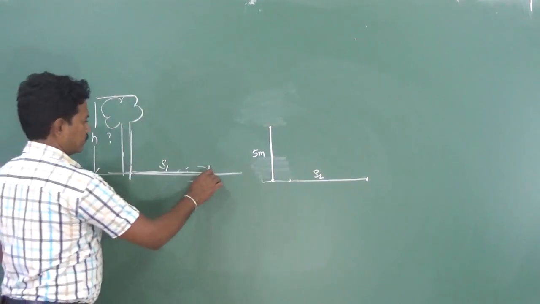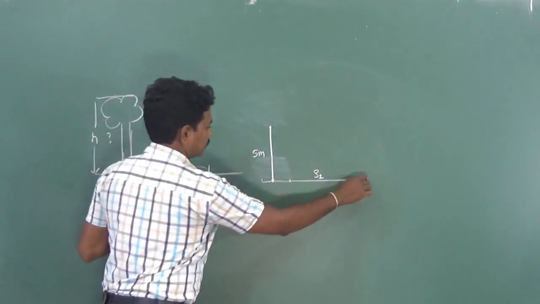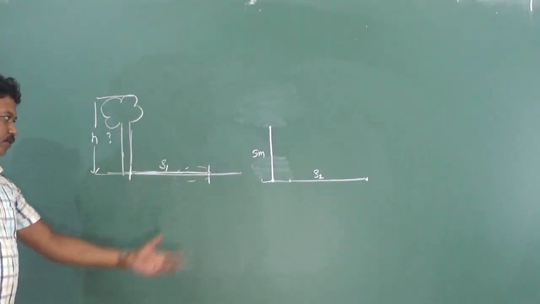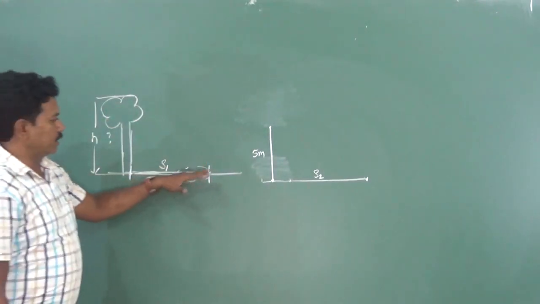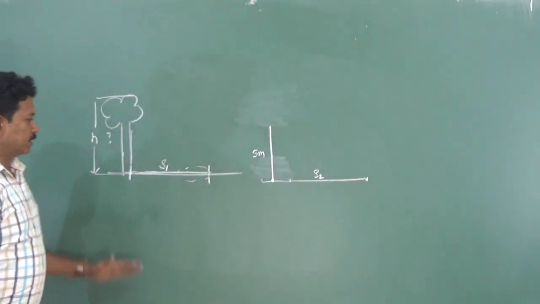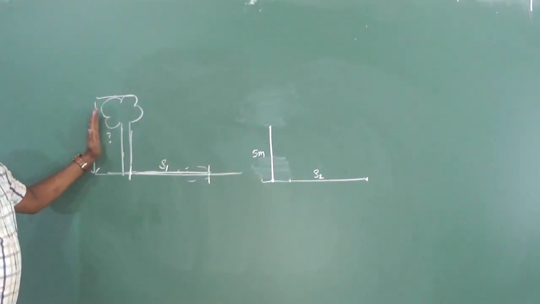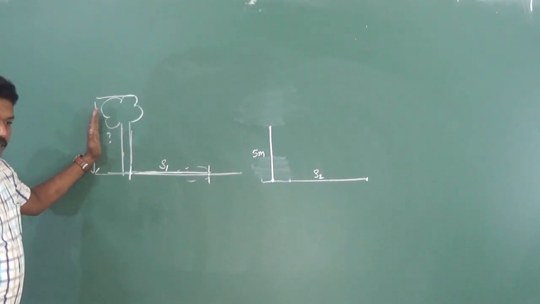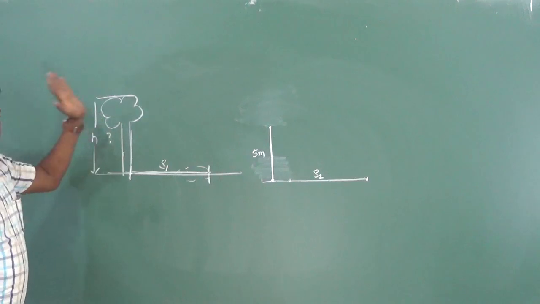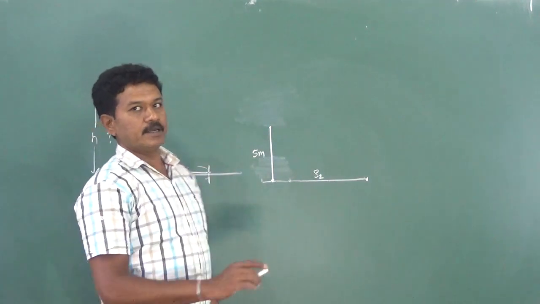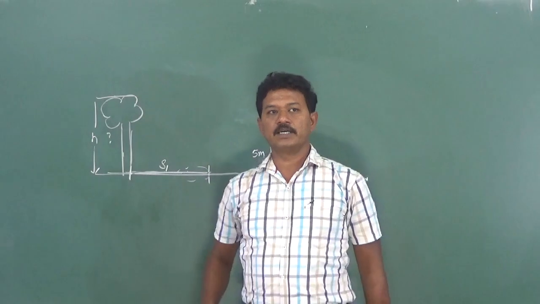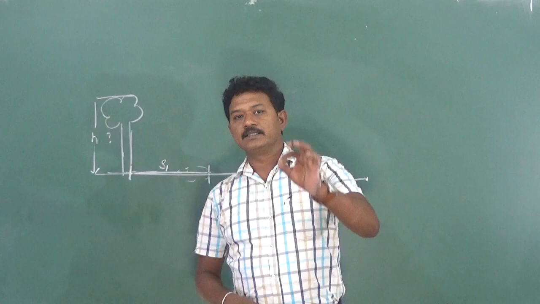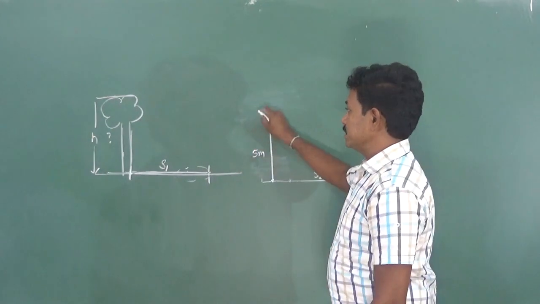You know the length of the shadow of the tree, the length of the shadow of the pole, and also the height of the pole, which the teacher already knows. So using these 3 elements, can you find out the height of the tree without using a measuring tape? How can you find out the height of the tree? Here, if you want to find the height of the tree without using the measuring tape, you have to use the concept of similar triangles.